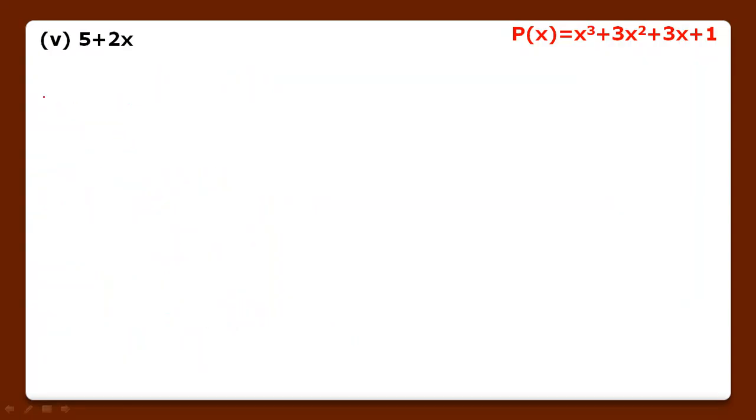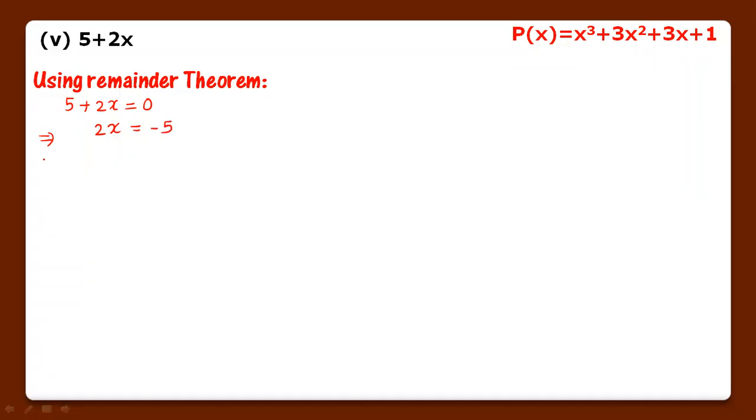Let's see the fifth part. Here the divisor is 5 plus 2x. Using remainder theorem, 5 plus 2x is equals to 0, implies 2x is equals to minus 5, implies x is equals to minus 5 upon 2.